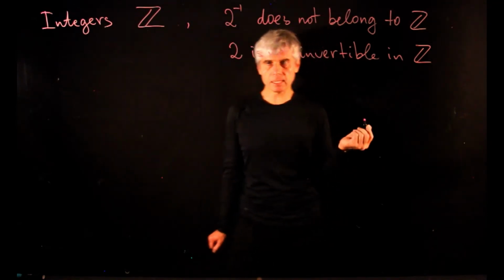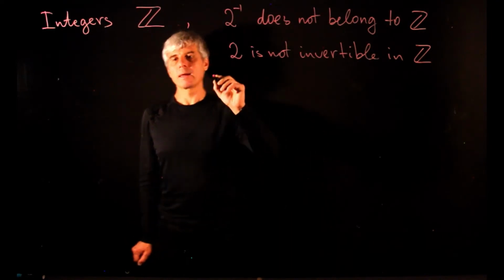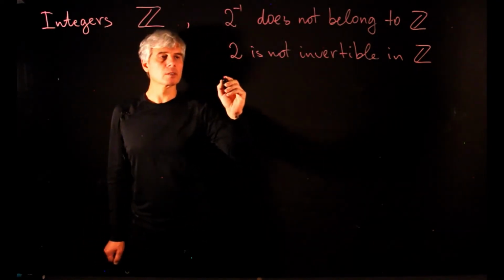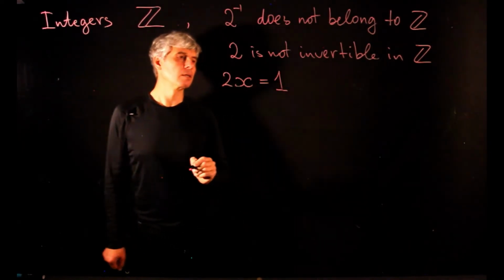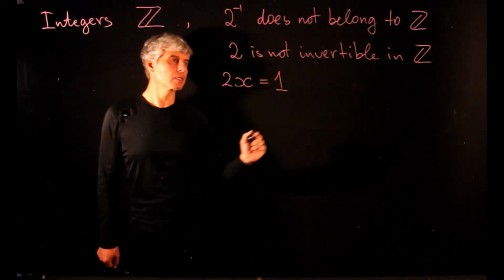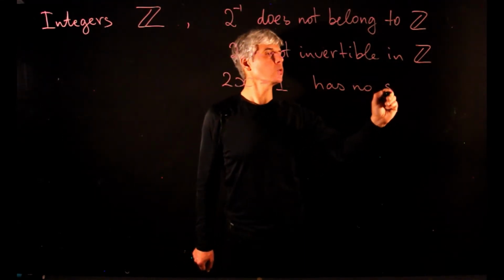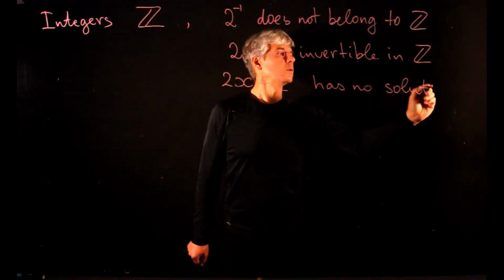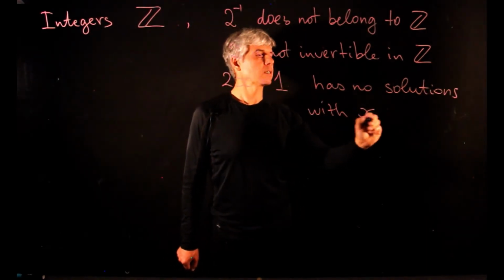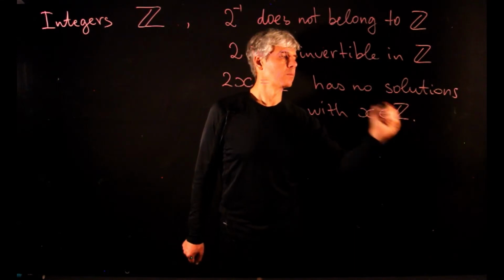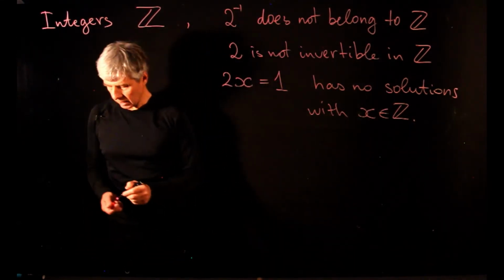So this means that if we look at the equation 2x is equal to 1, then this equation has no solutions with x in Z. Now, what is our conclusion here?